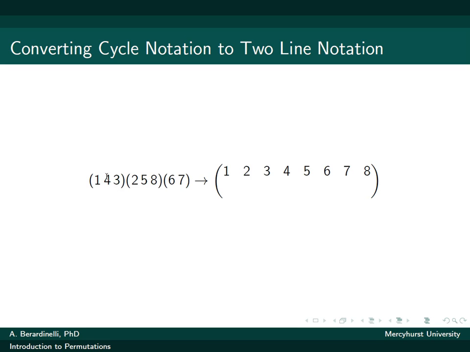So 1 goes to 4. If I read this cycle notation correctly, 1 goes to 4. Well, that means 4 must have been below the 1 in 2-row notation, so I can fill that in.